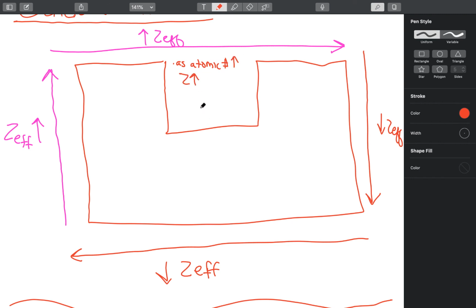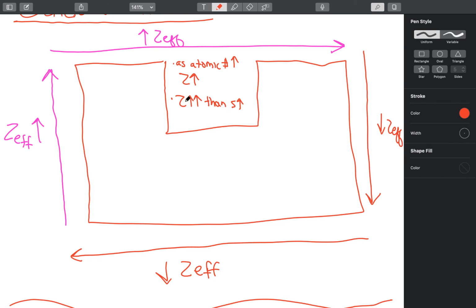And you may remember from Slater's rules that electrons within the same electronic shell don't really shield each other too well. So therefore, Z increases much faster than S increases. Therefore, the effective nuclear charge increases as we move from left to right.